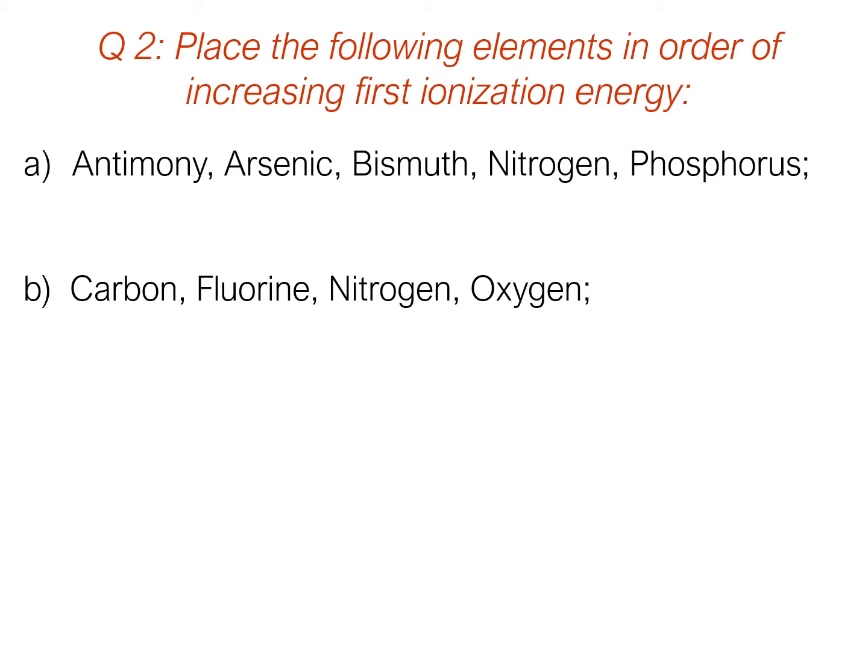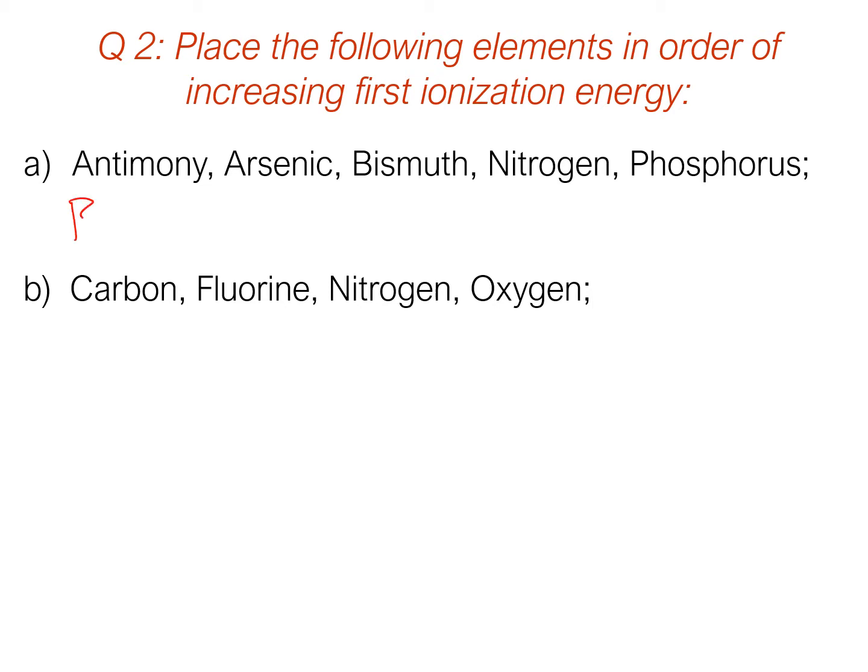So part A is pretty straightforward. One of the rules of the ionisation energy trends was that the first ionisation energy decreases down a group, and this is because the valence electron is much further away from the nucleus. So then, starting at the lowest and increasing, we just start at the bottom of the group and go up.